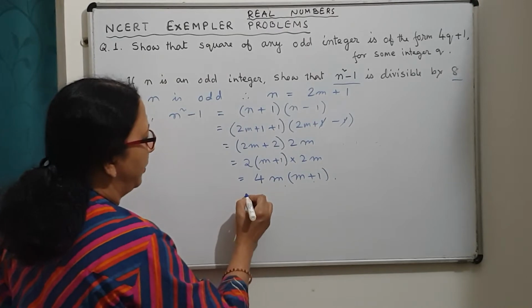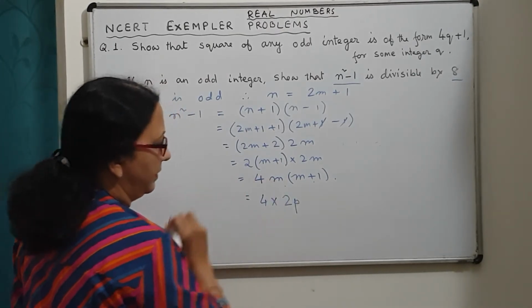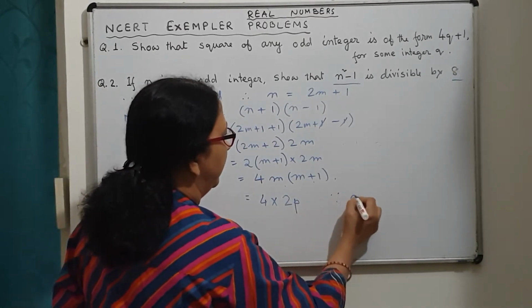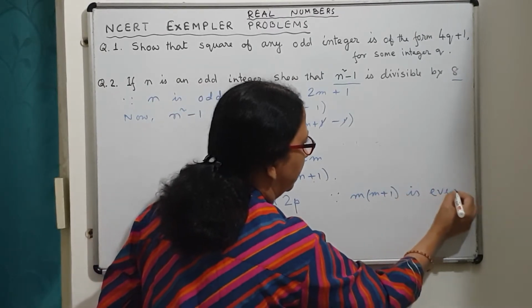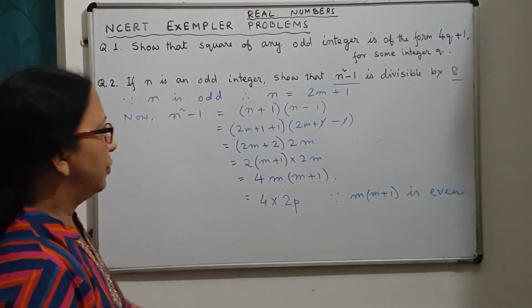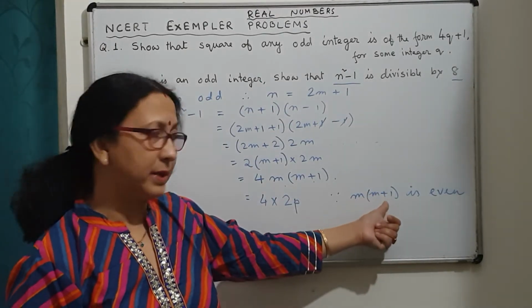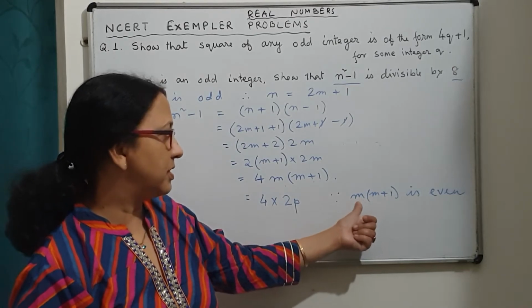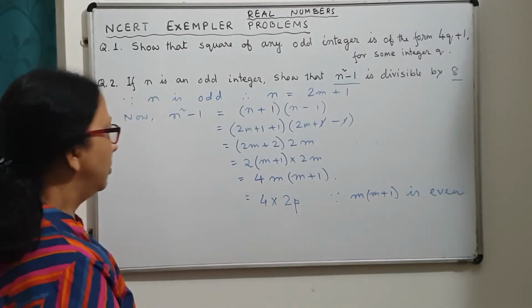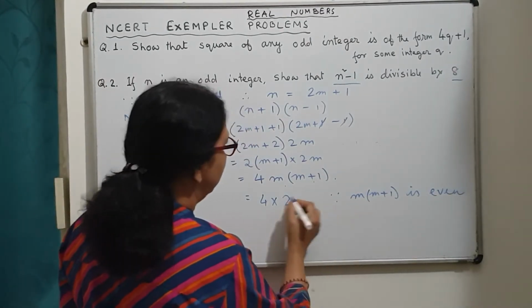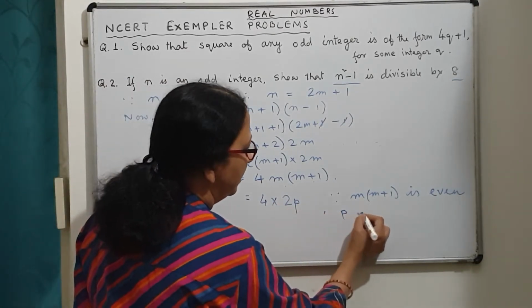So m into (m plus 1) is even, and therefore I can write it as 2 into some integer p.